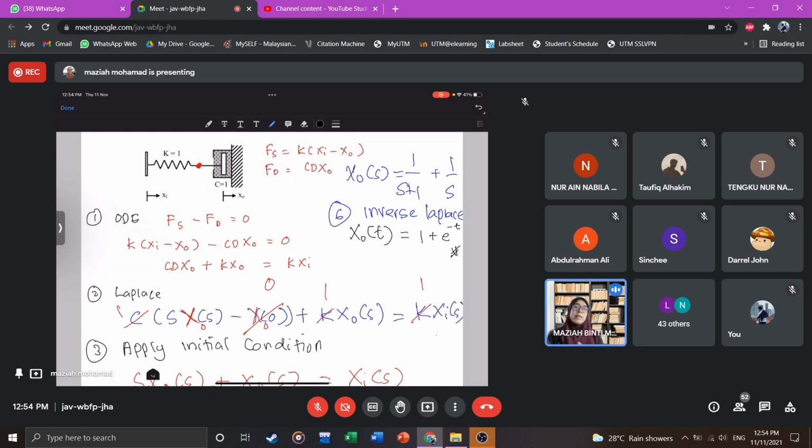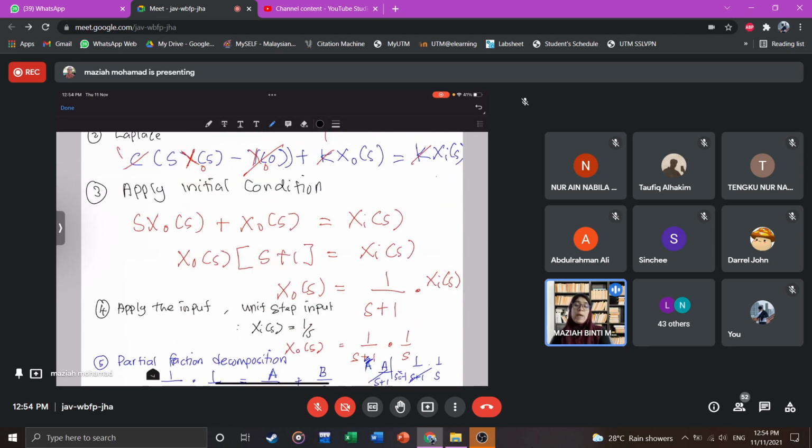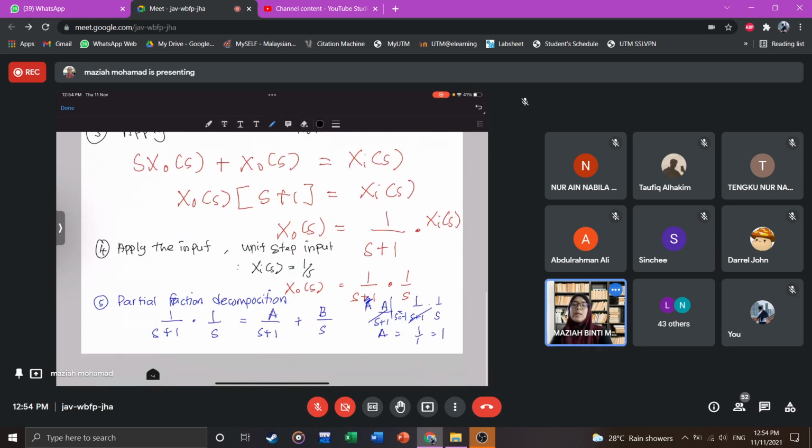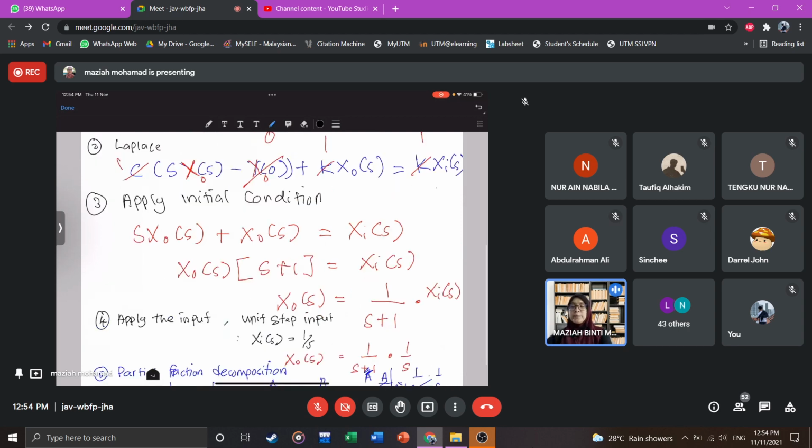Okay, for the spring damper system, you do all the steps. Step number 1, produce the ODE. Step number 2, transform into Laplace. Step number 3, apply the initial condition. Step number 4, apply the input. Step number 5, we do the partial fraction decomposition, where we solve for A and B using the remainder theorem.